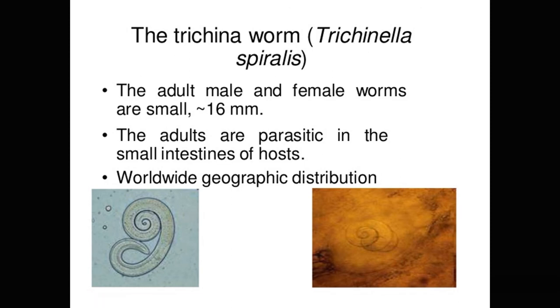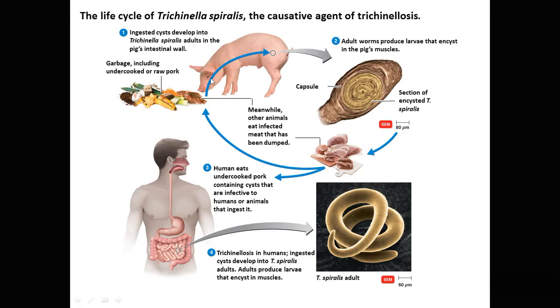We have separate male and female worms, and adults are parasitic in the small intestines of the hosts, and they have worldwide distribution. And this is the life cycle. Humans get infected through consumption of undercooked pork that contains the cyst.